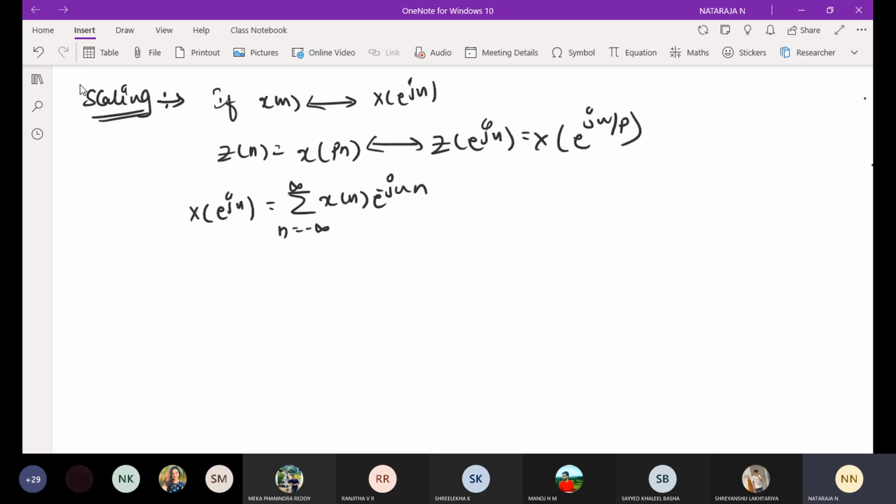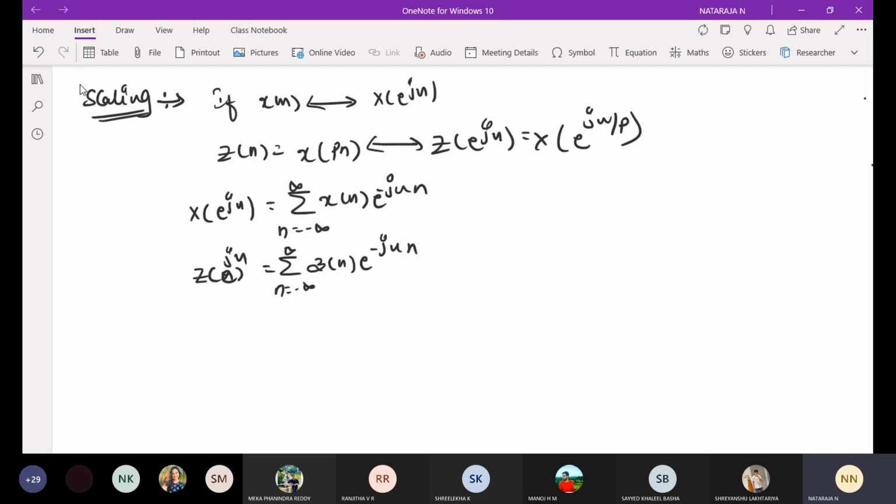Similarly for z of n, Z of e power j omega is equal to summation n equals minus infinity to infinity z of n e power minus j omega n.